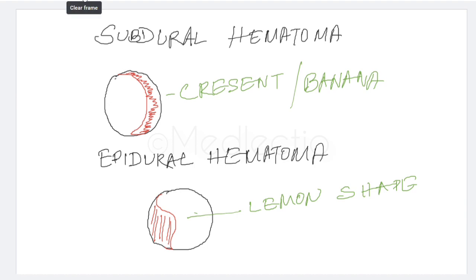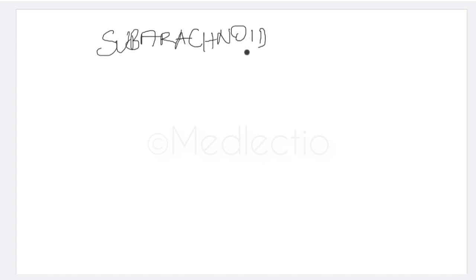And then what happens in subarachnoid? In subarachnoid, as we said earlier, we'll get our circle of Willis, right? And the hematoma will be here, or we can say hemorrhage more specifically.